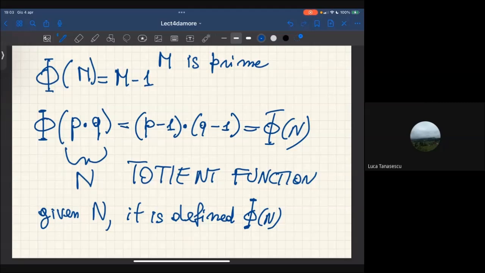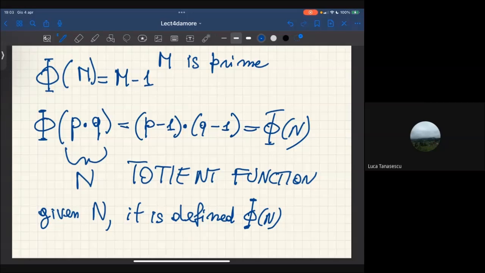After choosing P and Q, Alice can compute the product of P and Q, that is n. And n is a number that can be made public also, because by knowing n, it is almost impossible to get phi of n and to get also p or q. Okay?